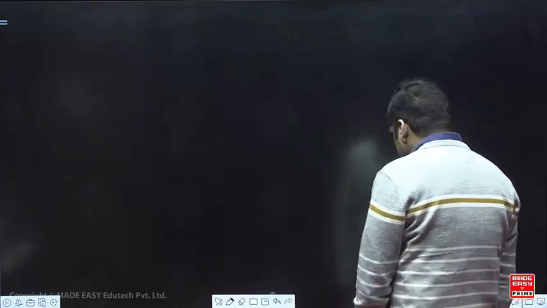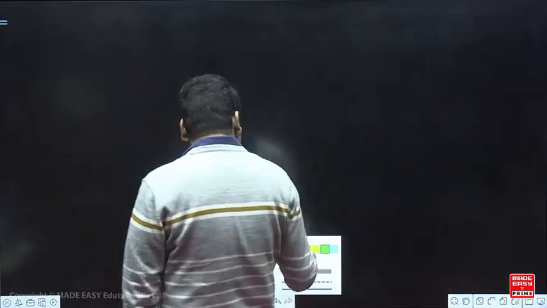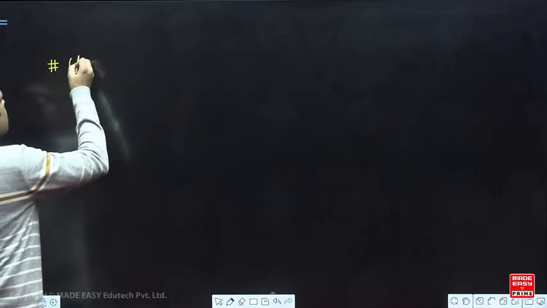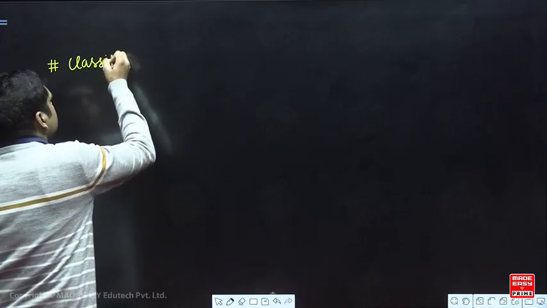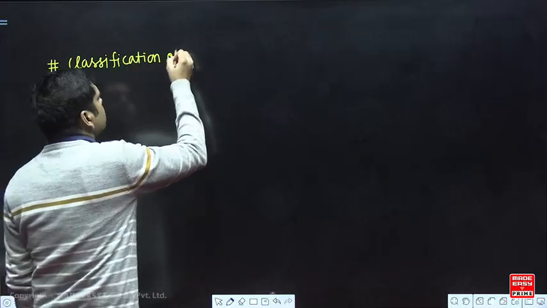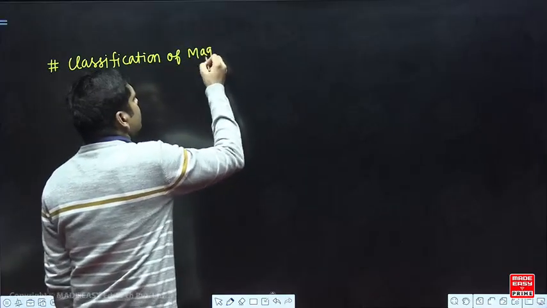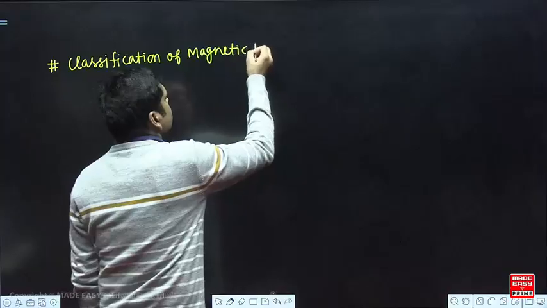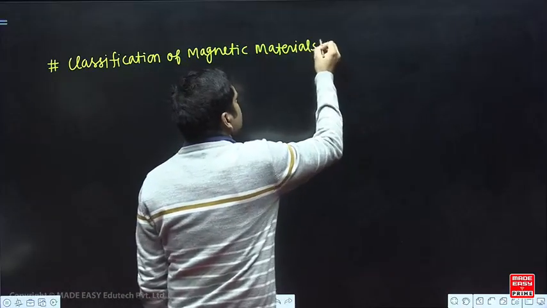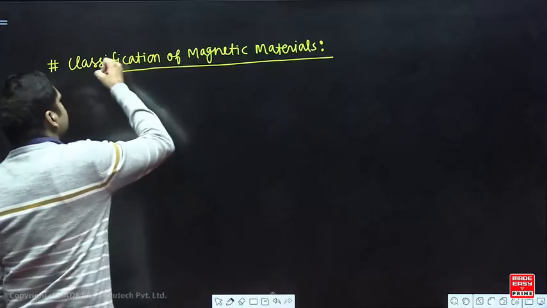Now, classification of magnetic materials. Magnetic materials are broadly classified in 5 categories.